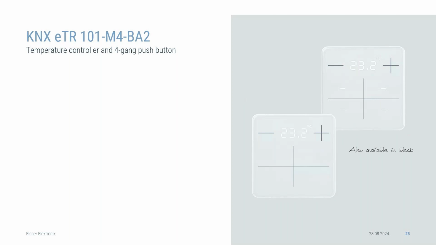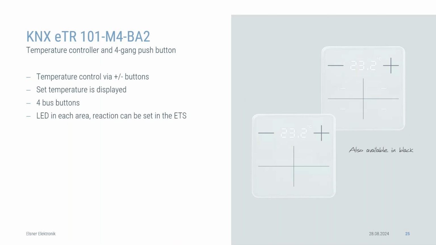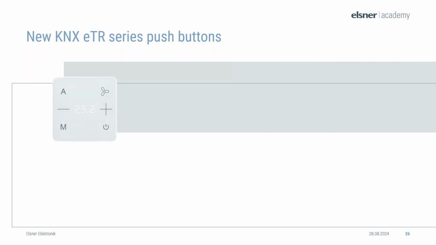Once again, it's a BA2 version, so we already also have the binary analog input, we have the integrated temperature sensor, and we have the area function as well. Plus, we have the LED feedback for each of the different push buttons. Now, a quick summary of the new products.